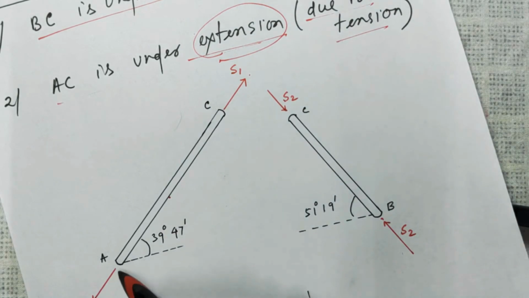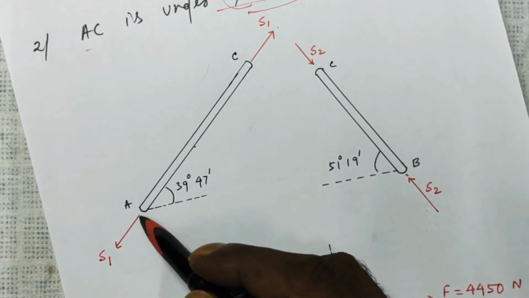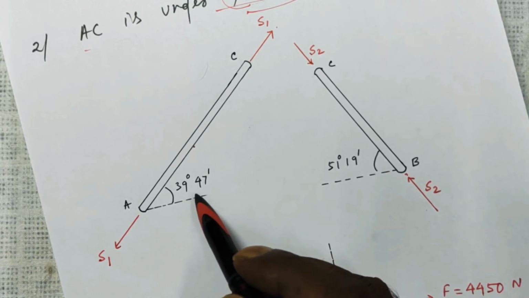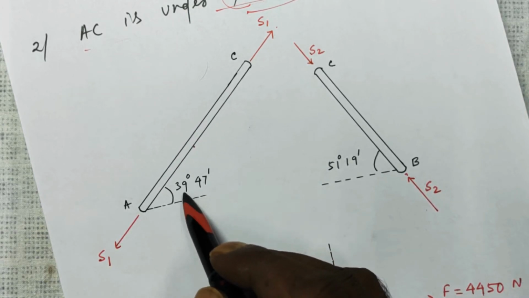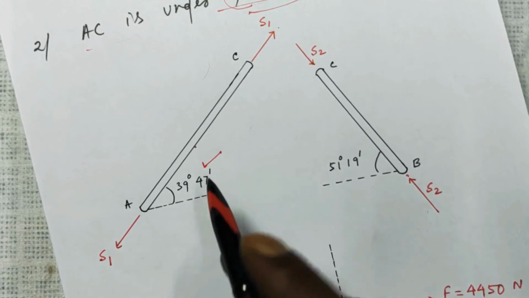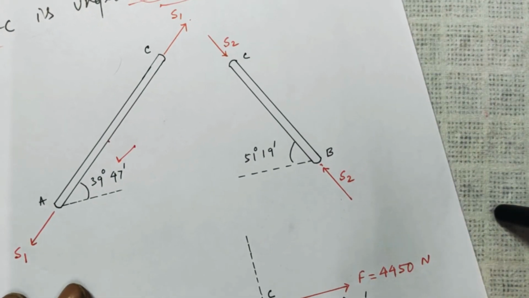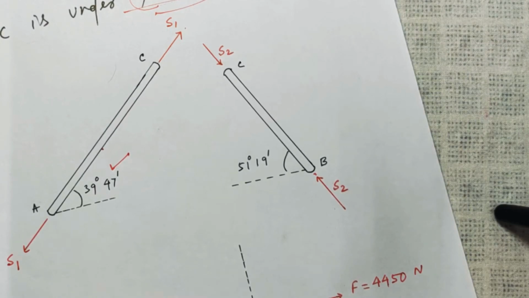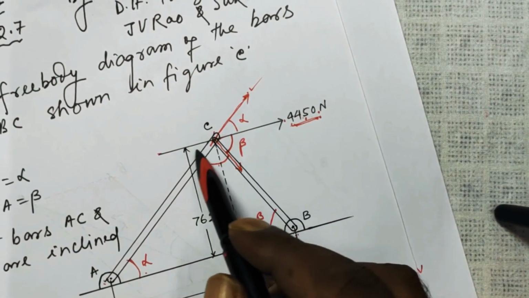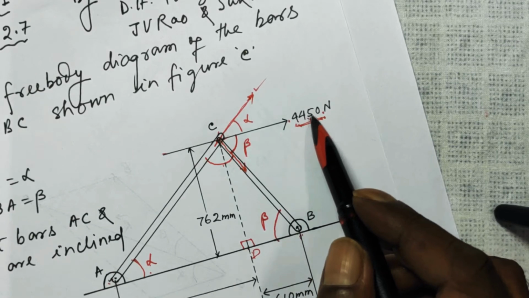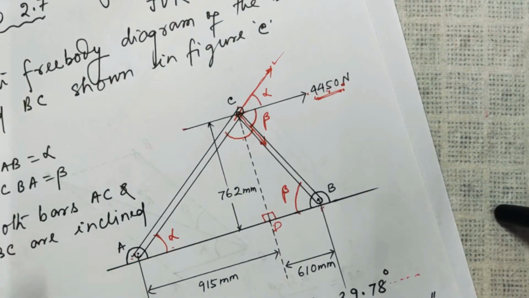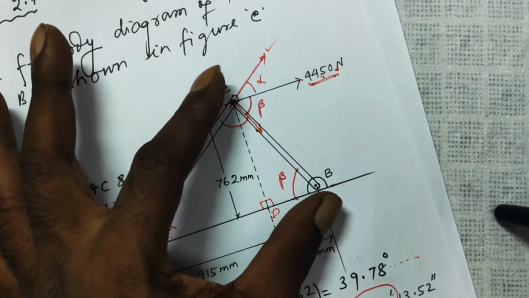This is your S1 and this is your S1. And this angle I just calculated, that was your alpha. It came out to be 39 degree 47 minutes. Similarly, for the bar BC, which was under a compression, when you are pulling to this side with 4450 Newton, this component of this force is compressing the bar BC.